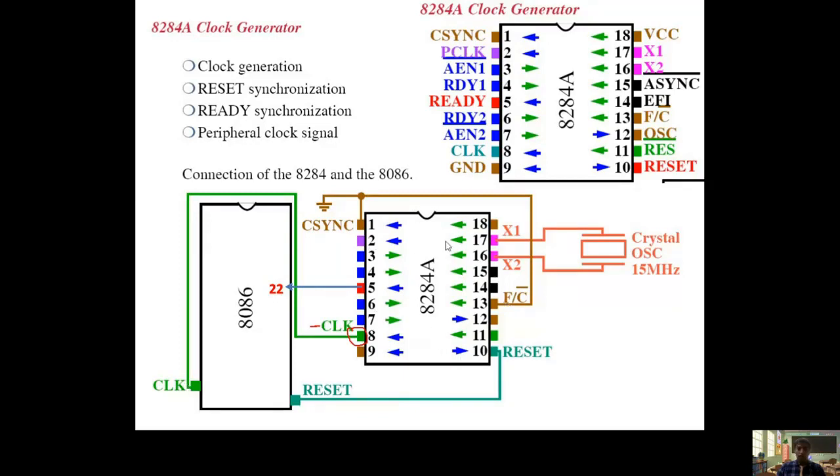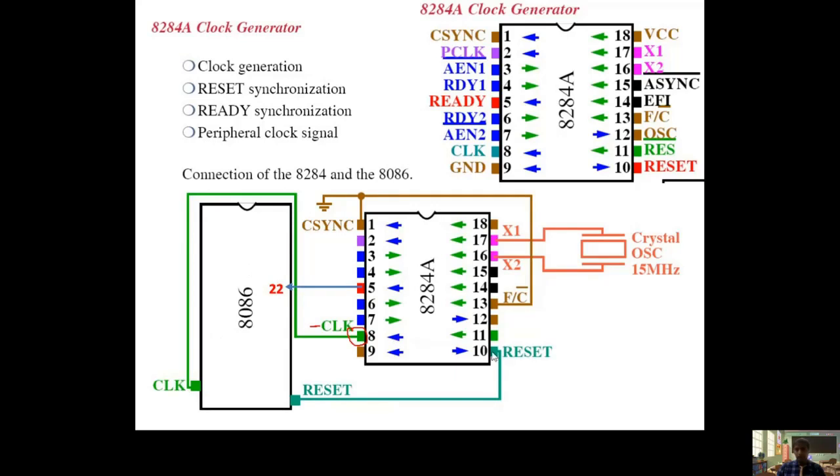This clock generator may generate a clock frequency of 5 MHz with the help of a crystal oscillator. The maximum frequency range of this crystal oscillator is 15 MHz, so by adjusting the values of the crystal oscillator, we get 5 MHz. That 5 MHz signal is transmitted from the clock pin of 8284 to the clock of 8086.